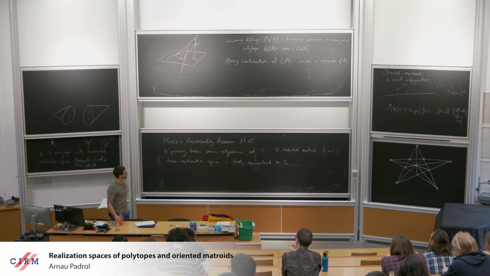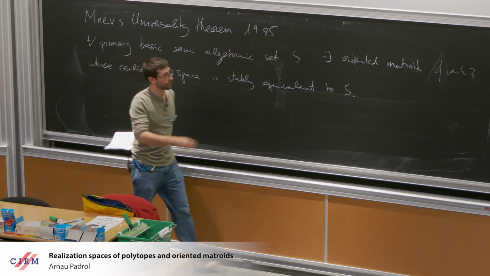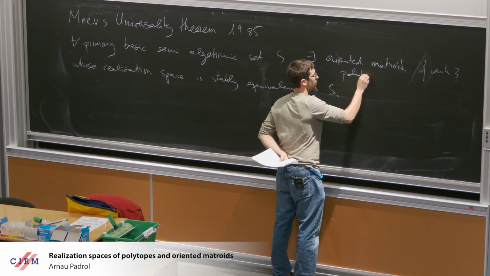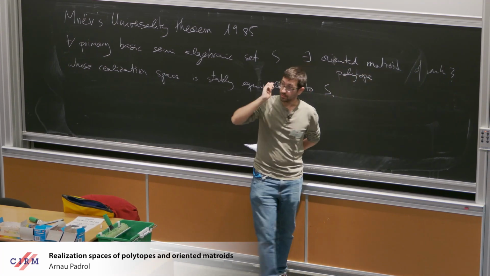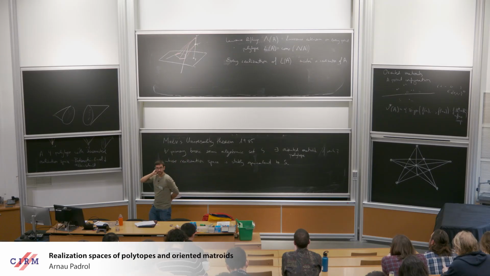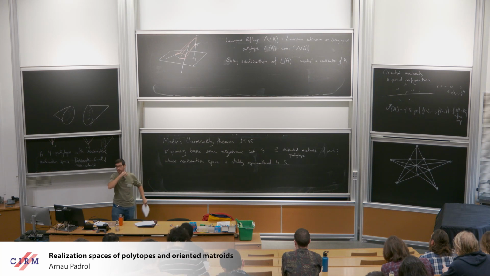And Mnëv says that you can do that with an oriented matroid of rank 3. And Mnëv also says that you can do that with a polytope, without bound on the dimension. In Mnëv's proof, the dimension of the polytope will depend on your semi-algebraic set.